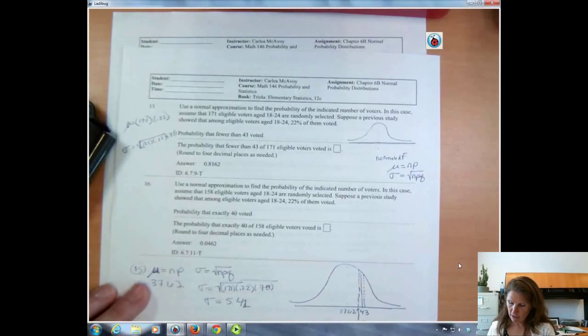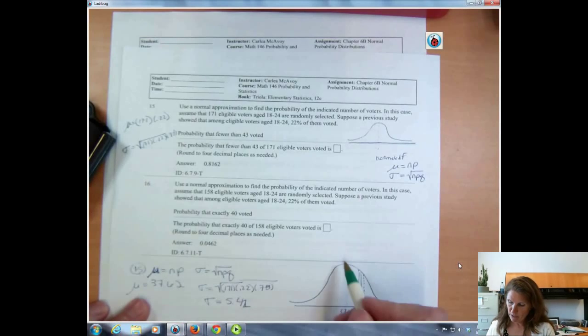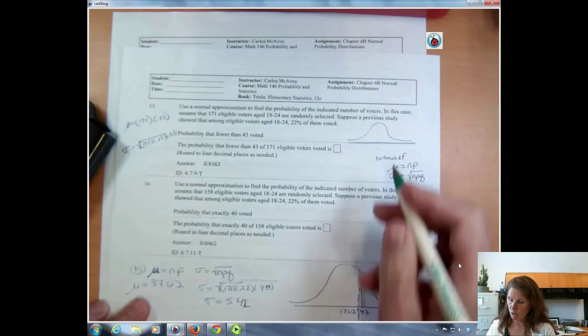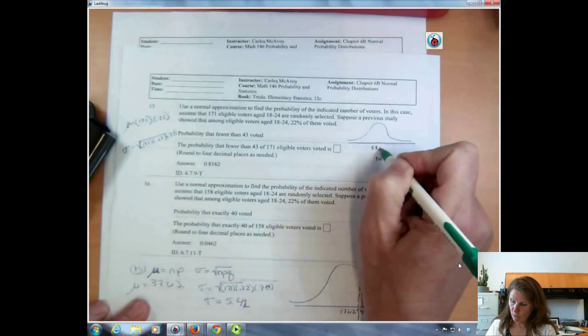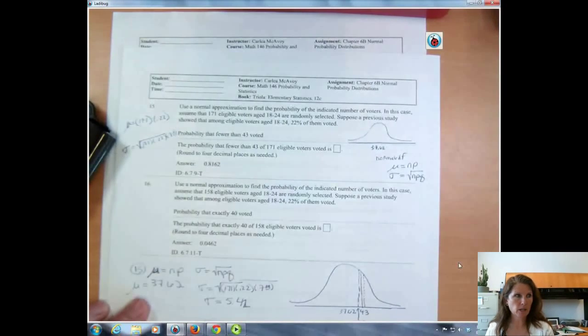I did that earlier and got 37.62 for our mean, so in the middle of our diagram here I could put 37.62 as our mean. And our standard deviation is 5.42.